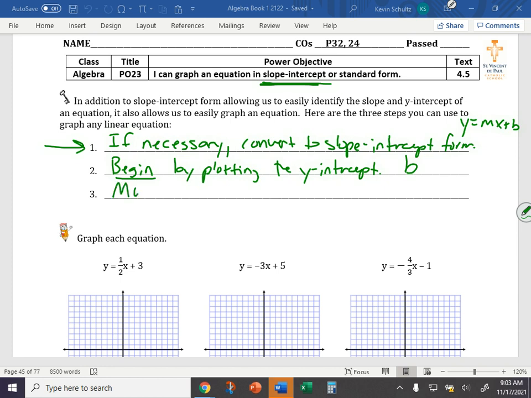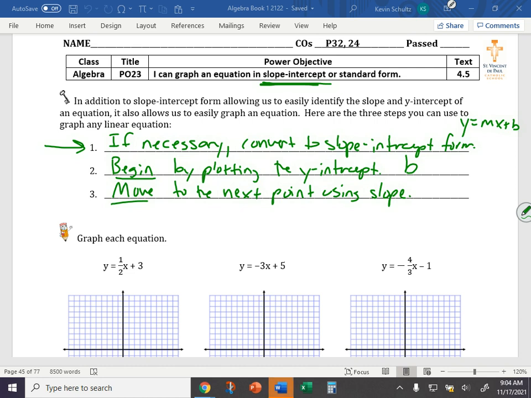Then you move to the next point using slope. Move to the next point using slope. Why do you suppose I use the word move?